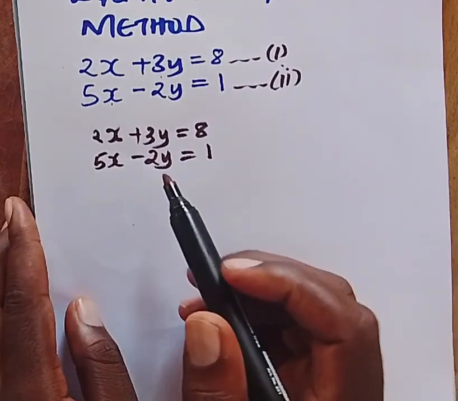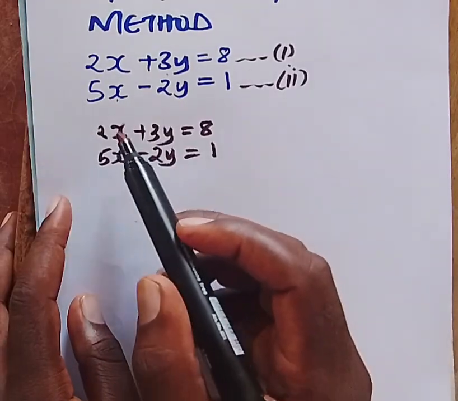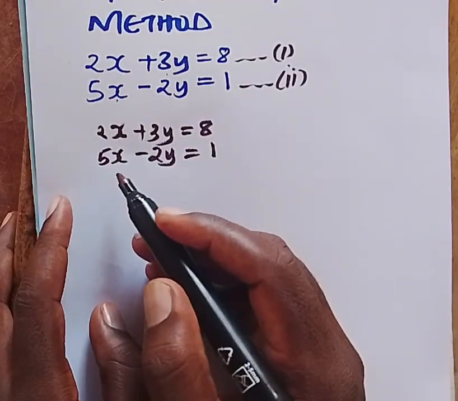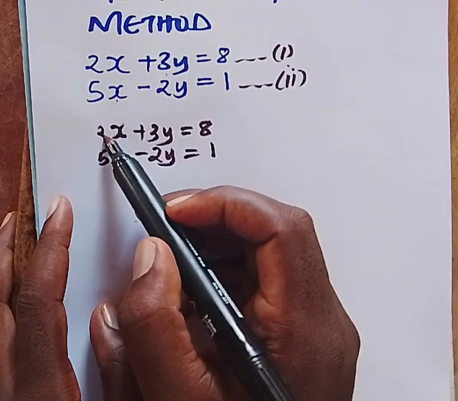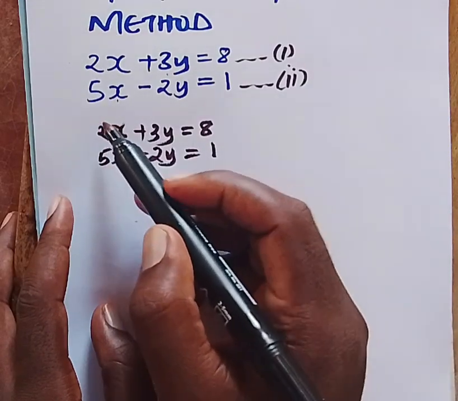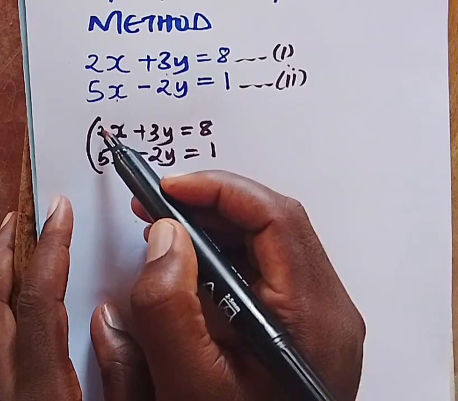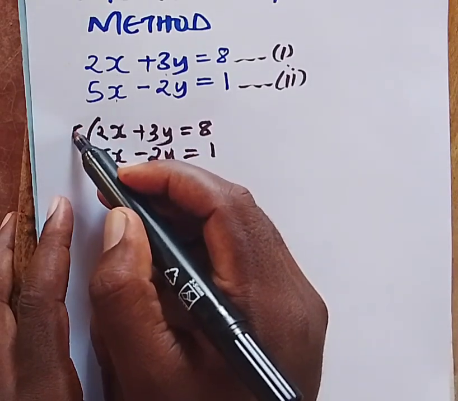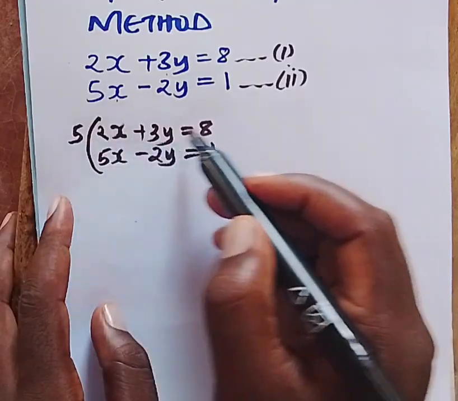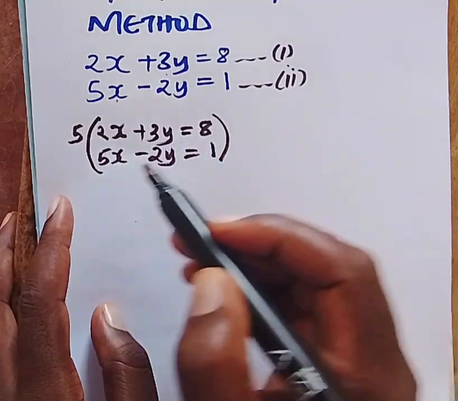Now we have said that the LCM of 2 and 5 is 10. So you ask yourself, what can I multiply 2 by to get 10? Of course, if I multiply 2 by 5, I get 10. So I choose 5 to multiply the whole of this equation.